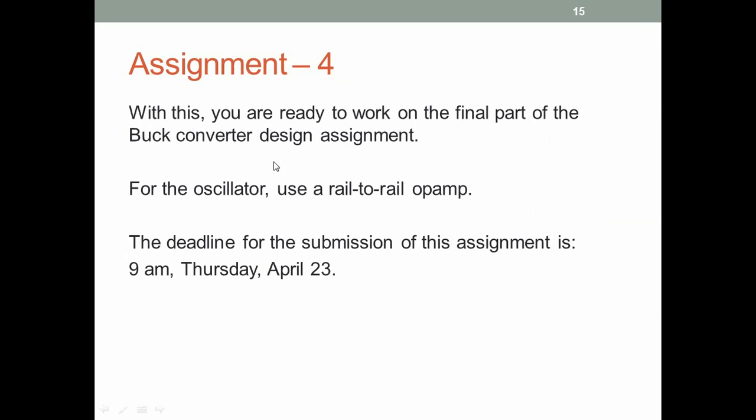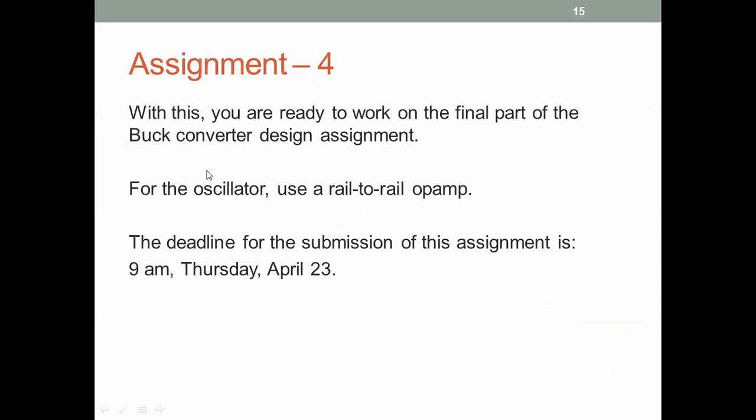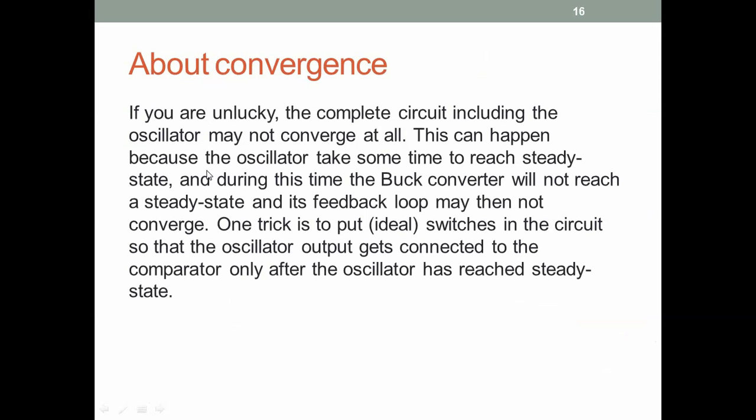So let me just go back. Here this oscillator is taking some time to reach its steady state at 12 volts. Till then the amplitude is only 4 volts. And this may confuse the rest of the negative feedback of the buck converter. That buck converter then may not reach steady state because the oscillator is keeping on changing its amplitude. It simply doesn't converge.